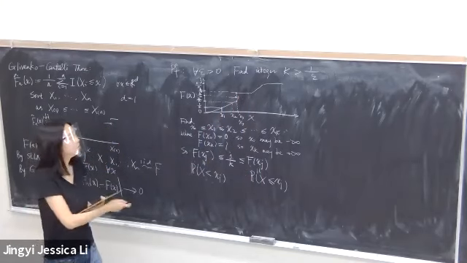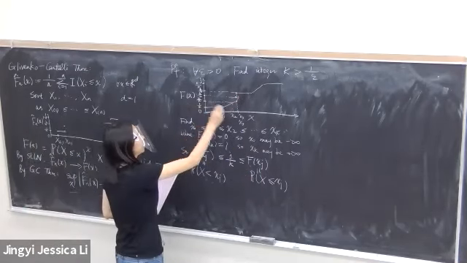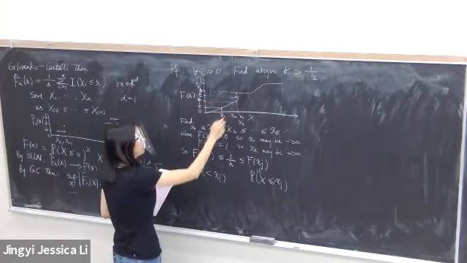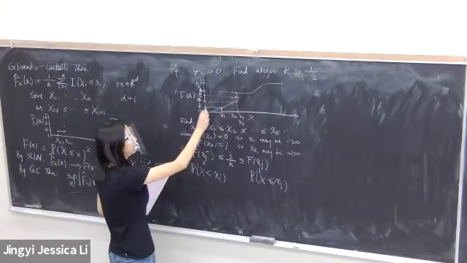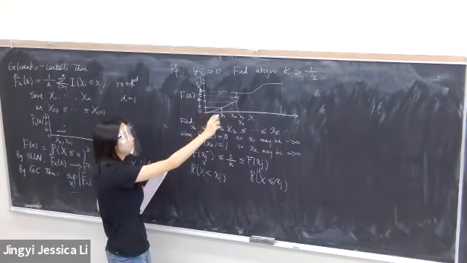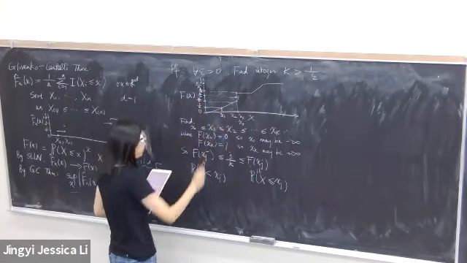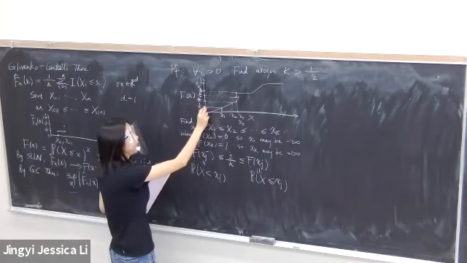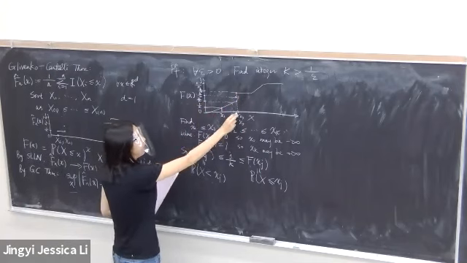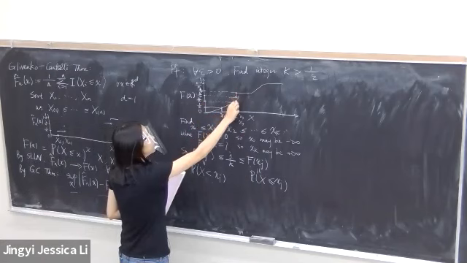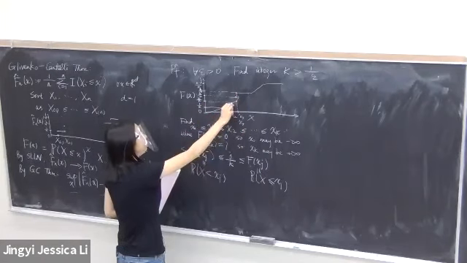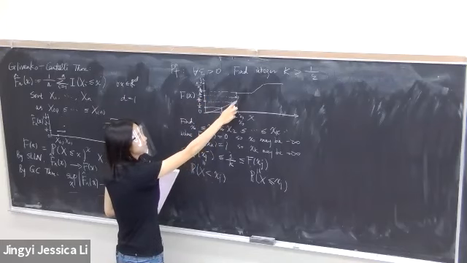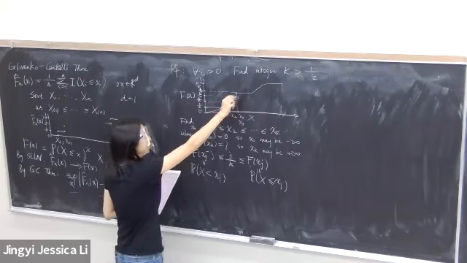And also, the way I constructed x1, x2, x3, because I'm dividing the y interval, their difference F(x2) minus F(x1) here is 1 over k. F(x3-) minus F(x2) is less than 1 over k, because this is a lower bound of what we have here.